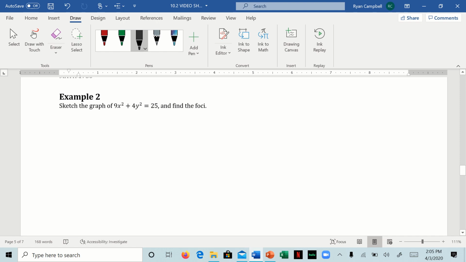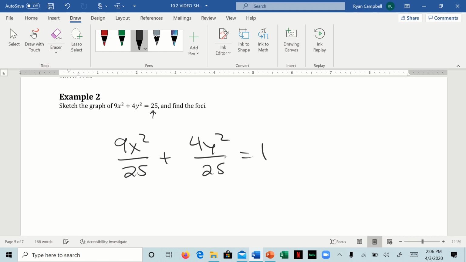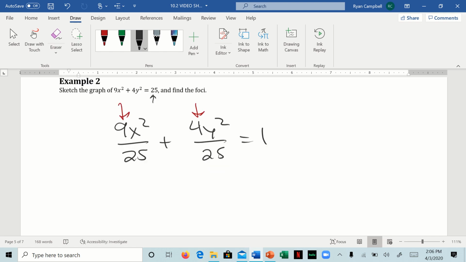All right, let's do another one. So, once again, we want to divide everything by 25, so we need it to equal 1. So we get 9x squared over 25 plus 4y squared over 25 equals 1. But this doesn't necessarily look like our format because we have numbers in front of the x squared and the y squared.